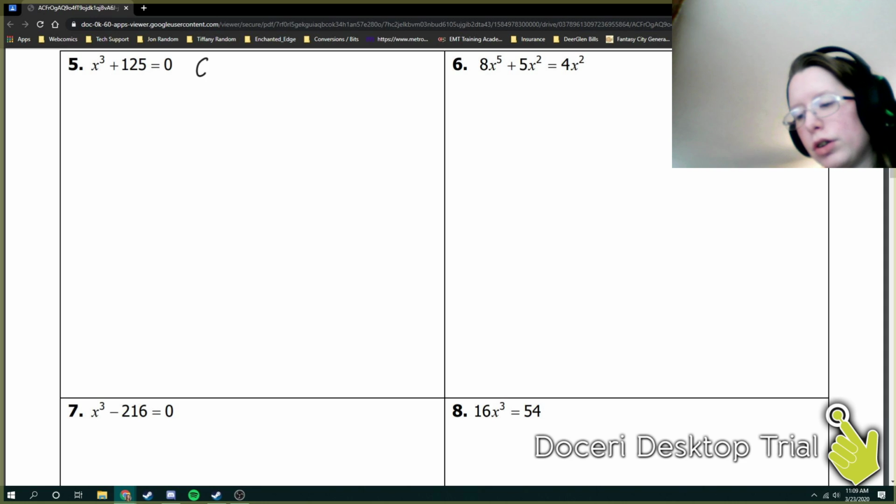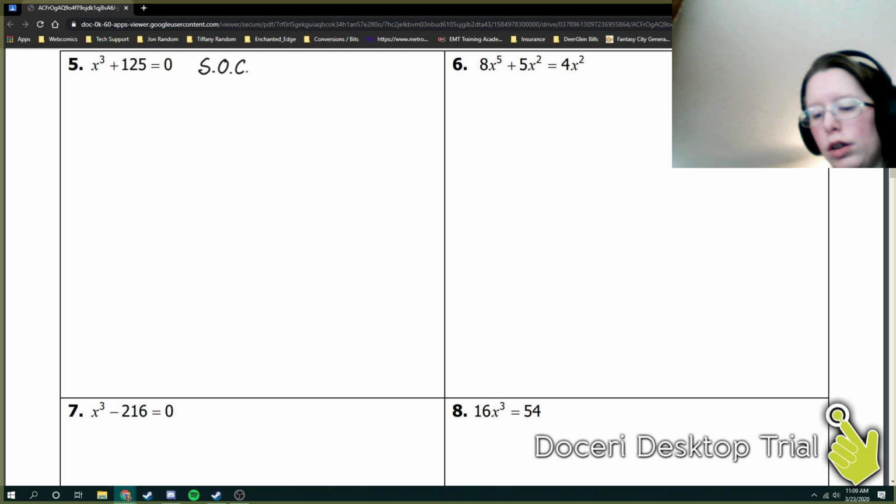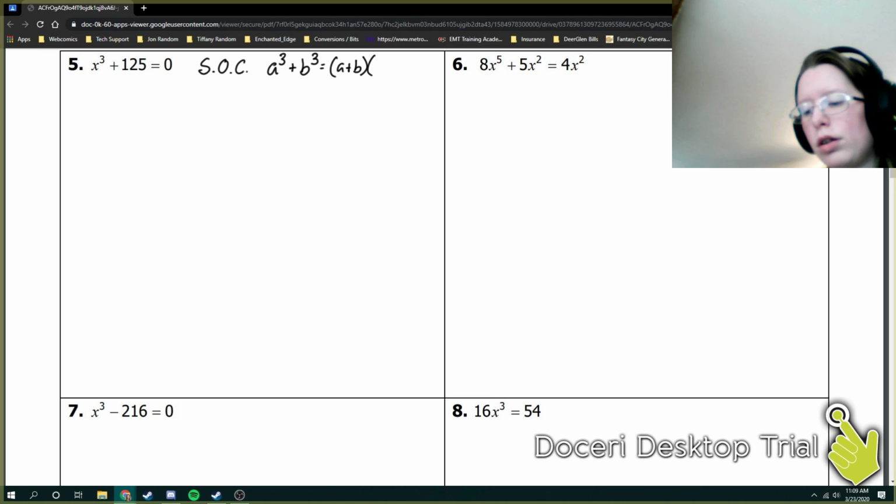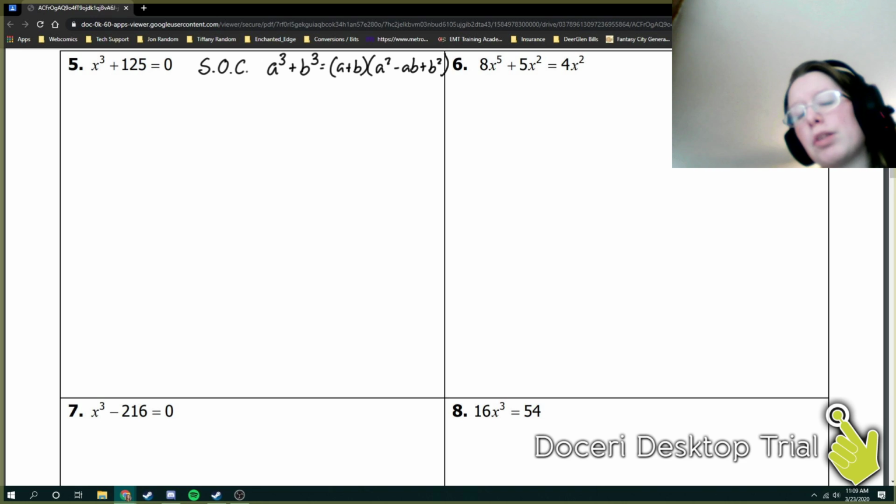Sum of cubes says if we have a cubed plus b cubed, that'll factor into a plus b, a squared minus ab plus b squared. Remember, I never expect you to memorize formulas. If you just Google it, like sum of cubes, difference of cubes, you'll be able to find the formulas super easy.